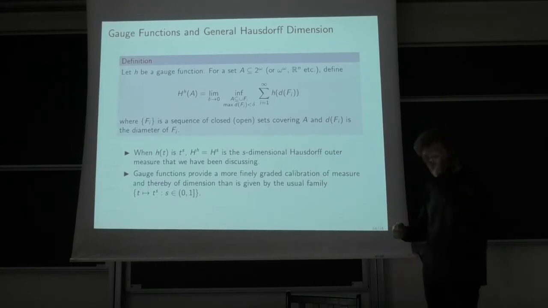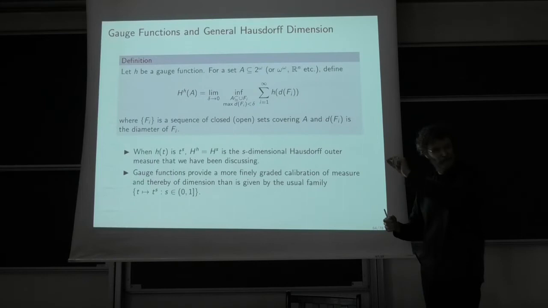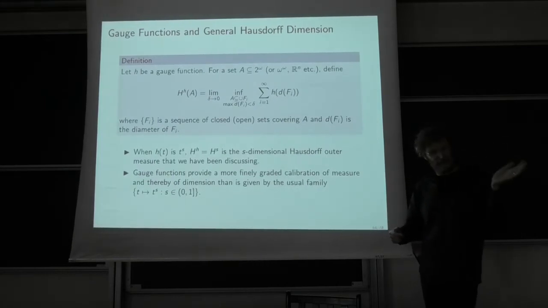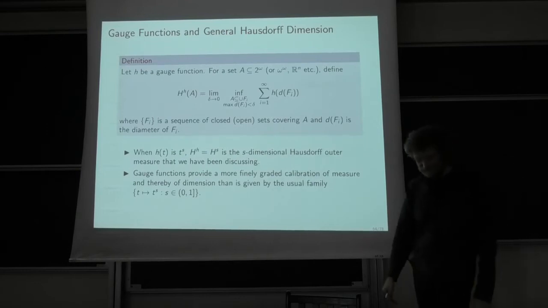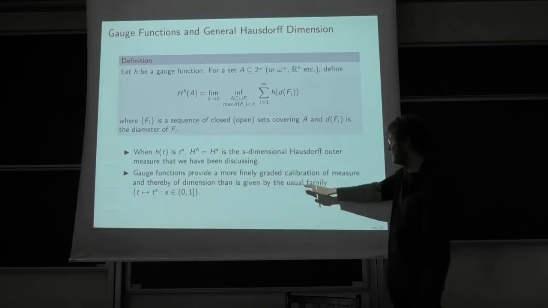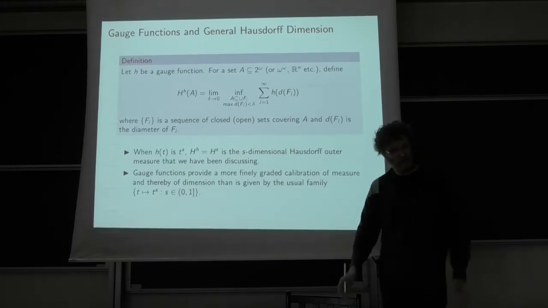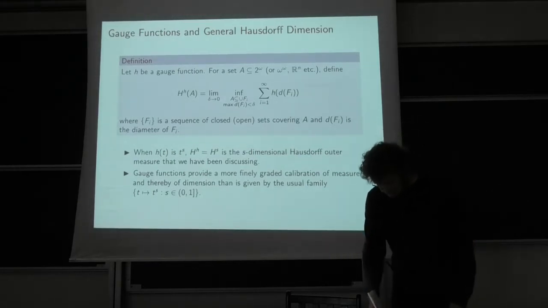With gauge functions, so logarithm terms, they can capture logarithmic effects that are lost when you're only thinking about powers. Okay, so gauge functions can give you a sharper resolution on what the size of some object is.